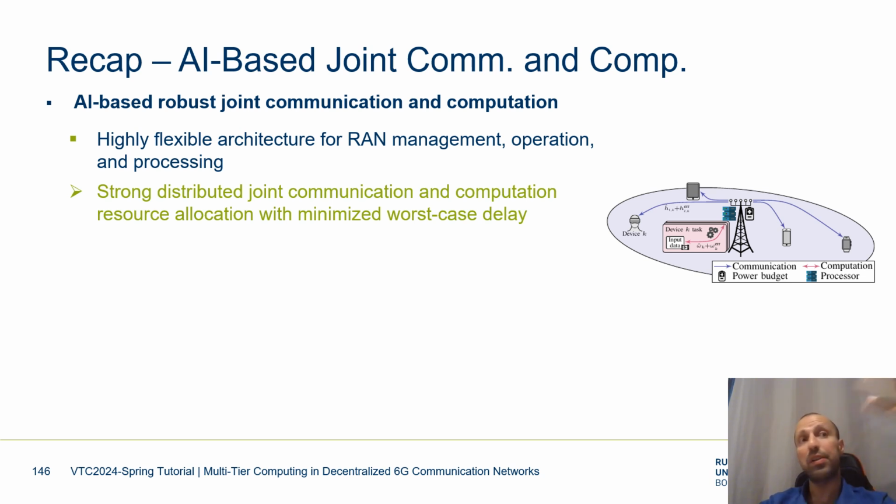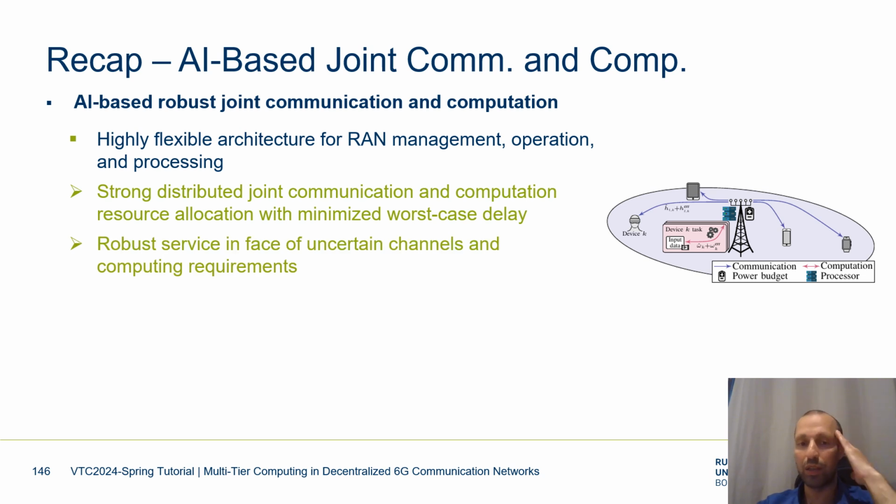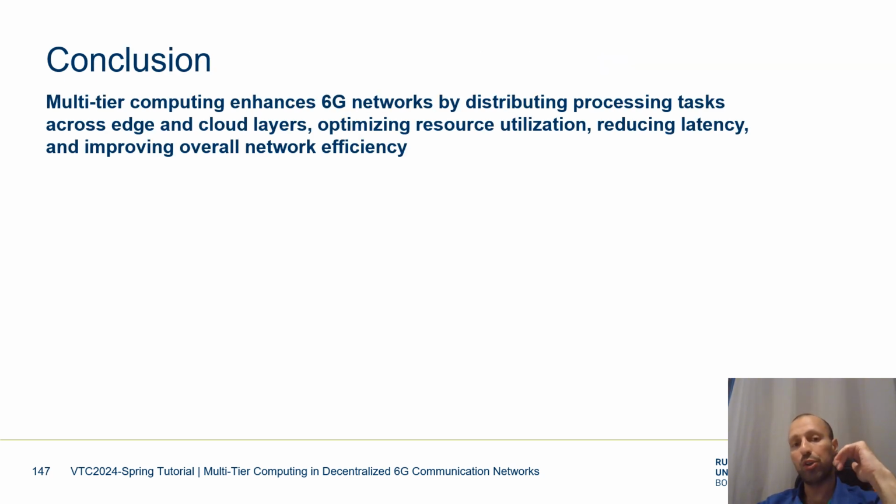We devised a practical, useful algorithm from that perspective based on artificial intelligence, by building a neural network based on the concept of joint uncertainty in communication and computation. By injecting the proper uncertainty, one can do very well, and that was one of the important aspects we highlighted: how we can provide a robust service under uncertain channels and computation.